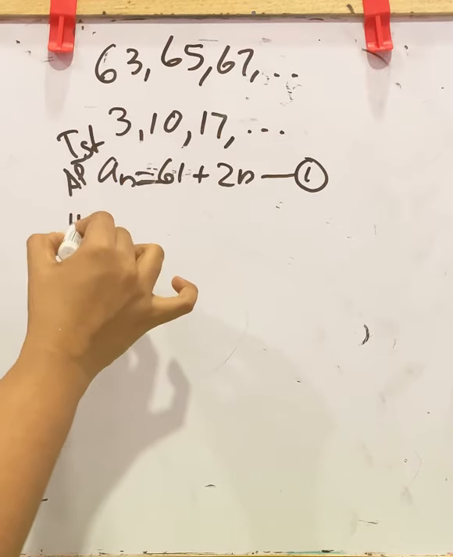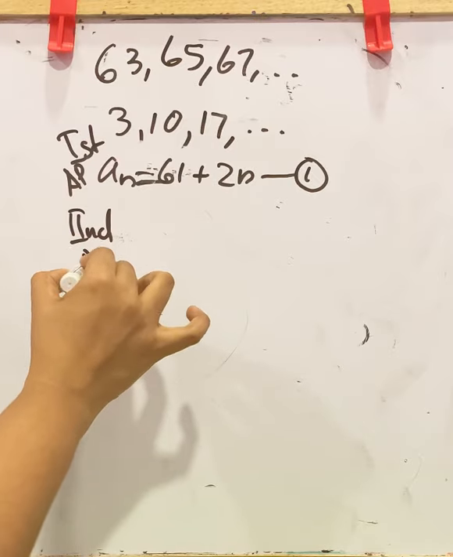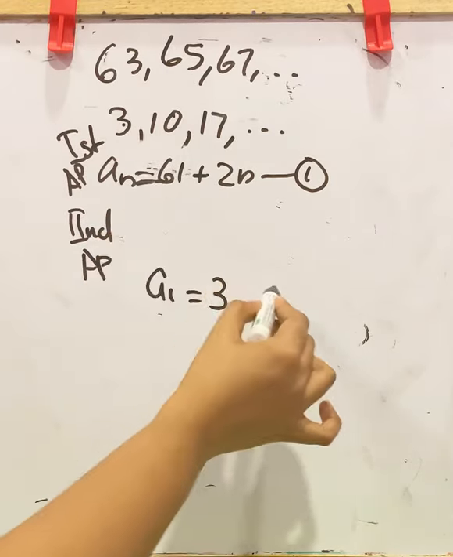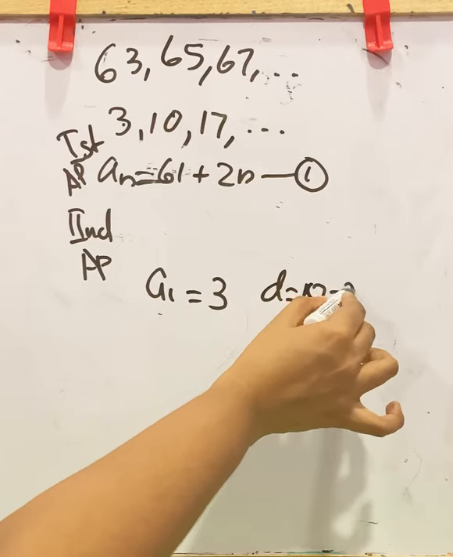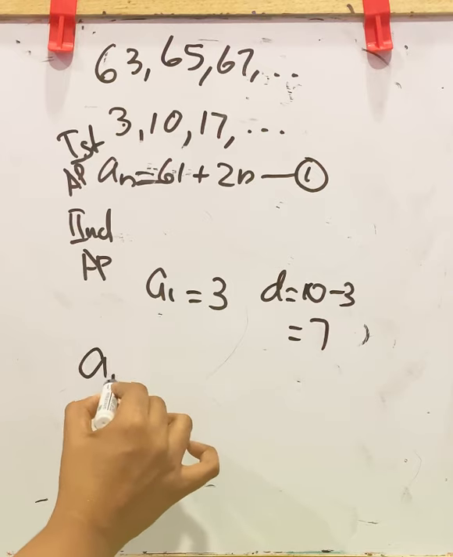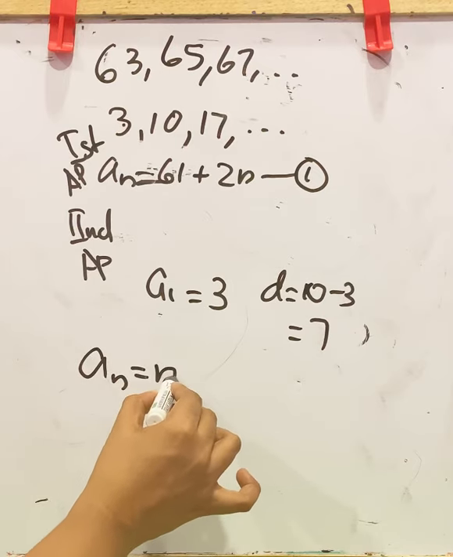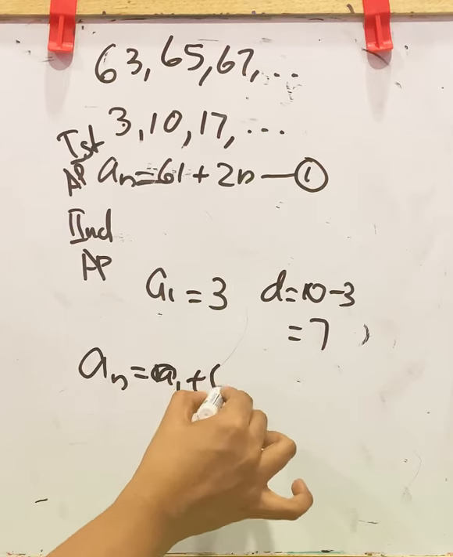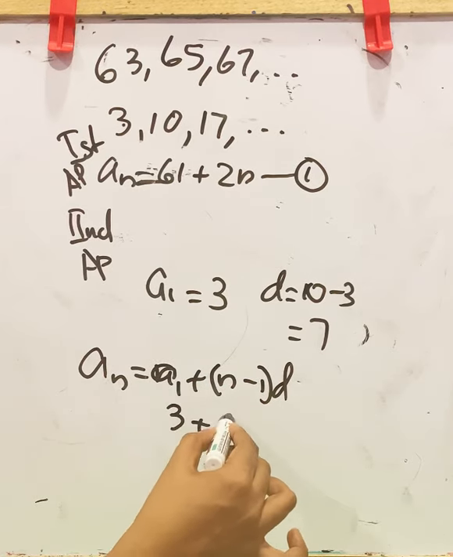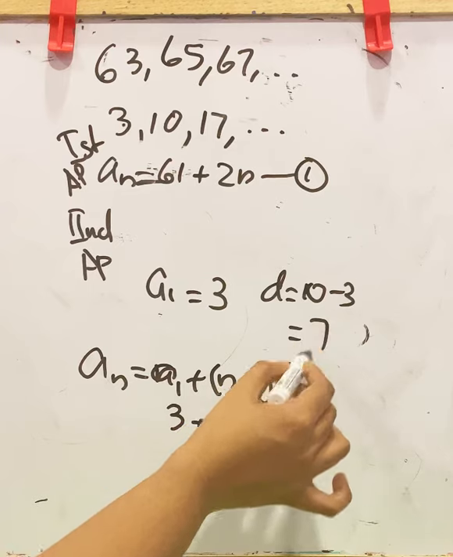Now considering second AP, here a1 equals 3, difference is 10 minus 3, that is 7. Now considering an, that is nth term, we can write a1 plus n minus 1 into d, that is 3 plus n minus 1 into 7.